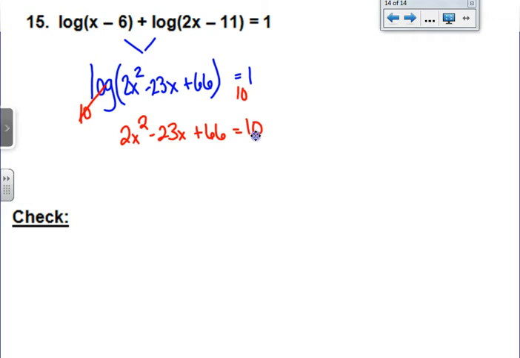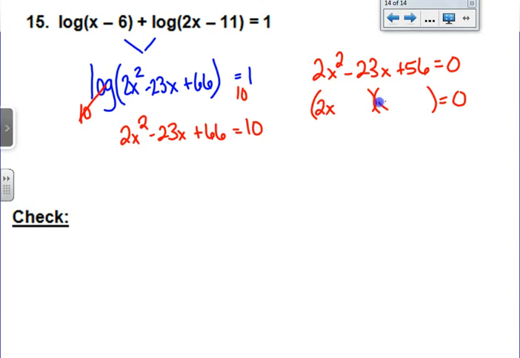Again, it's a quadratic, so we're going to have to subtract the 10 over and get 2x squared minus 23x plus 56 equals 0. Okay, I'm going to try factoring this first just because I don't want to do the quadratic formula again. However, the quadratic formula would definitely work. I'm thinking it multiplies to a positive, adds up to a negative. Both signs have to be negative.